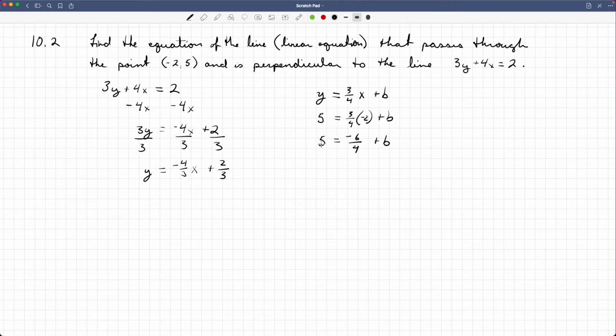Let's change this: 5 times 4 is 20, so 20 over 4, and then we're going to add this to both sides. So plus 6 over 4 is equal to b. 26 over 4 is equal to b. I can reduce this down to 13 over 2.